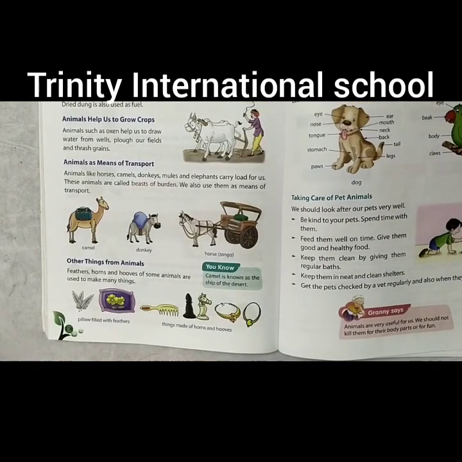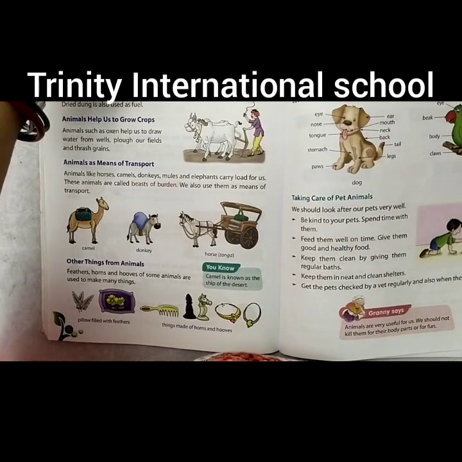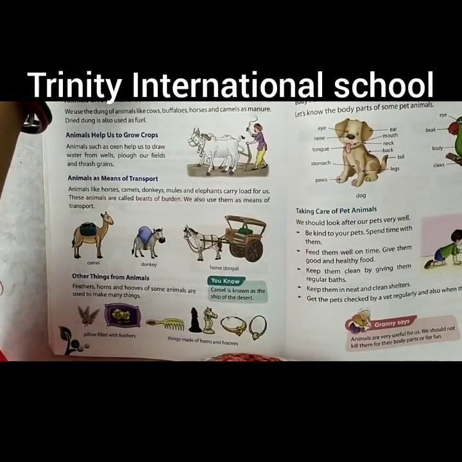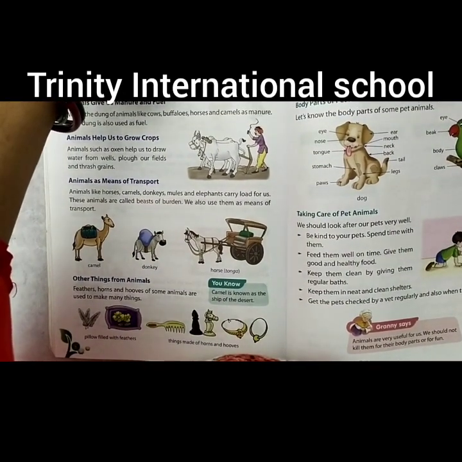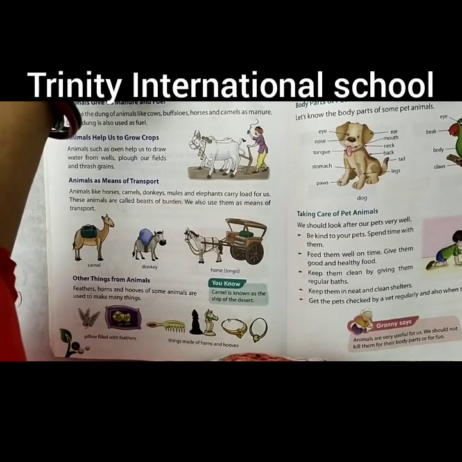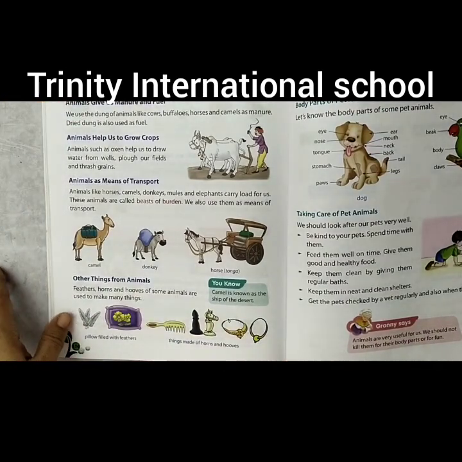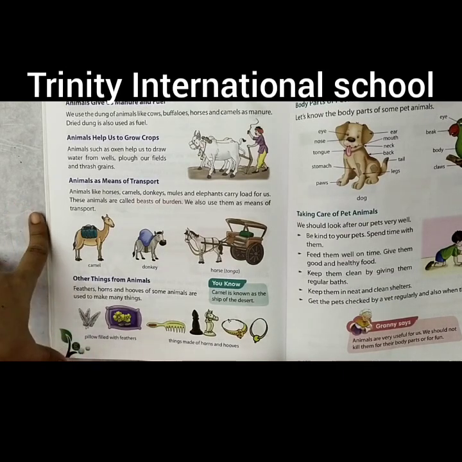So we have seen that animals are very much useful to us. They are giving us food, they are giving us clothes, they are giving us manure and fuel. We help animals to grow. We take help of animals to grow crops. Then animals are used as a means of transport.